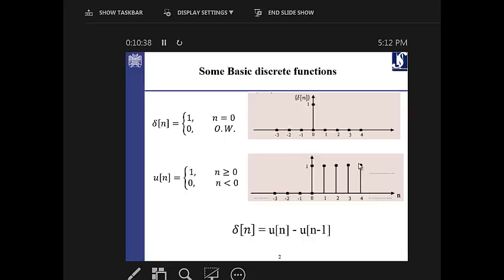But when you want to represent this kind of signal, the discrete signal, what you write down is x0 or x1, doesn't matter, then x1 until the end, which is xn. Or it can be represented as x sub 0, x sub 1, x sub 2, x sub n. That's the sequence.